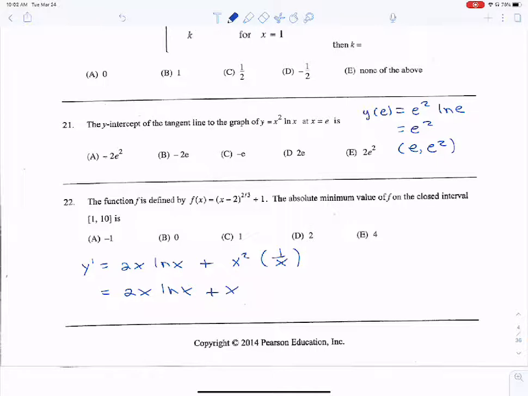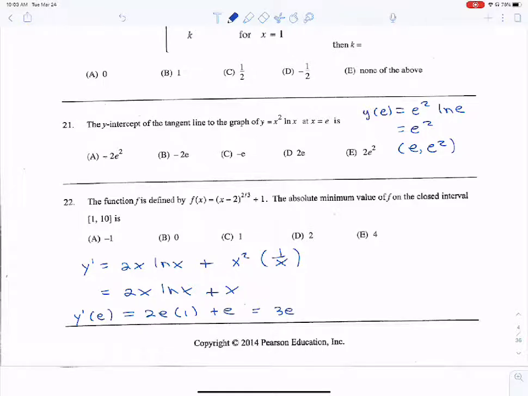Okay, so now what am I going to do? I want to find that slope, so I'm going to evaluate it at e. So I'm going to take y prime, evaluate it at e, and I get 2e times the natural log of e, as we already know, is 1, plus e. So I have 2e plus e, which is 3e.